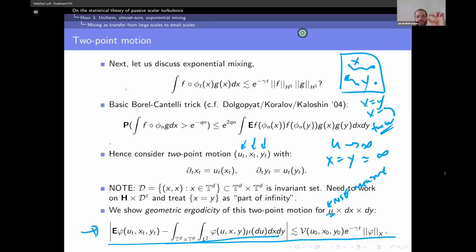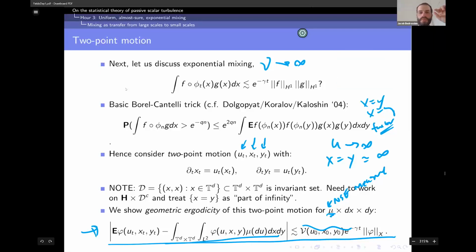So that means you expect that this function V, or script V, goes to infinity when x is close to y, or, whatever, and not exclusive, u goes to infinity.